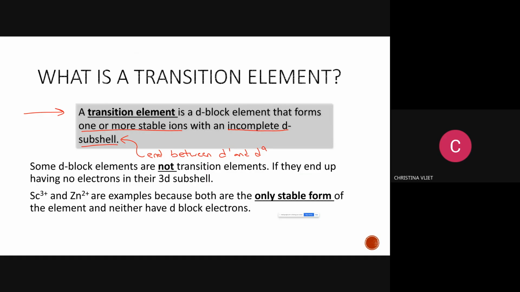So some D block elements are not considered to be transition metals for this reason, if they end up having no electrons in their 3D subshell, or all electrons filled. The examples that we have are scandium 3+ and zinc 2+. What is the electron configuration for scandium 3+?